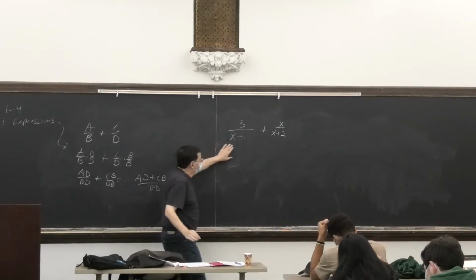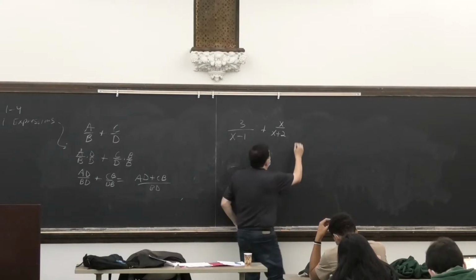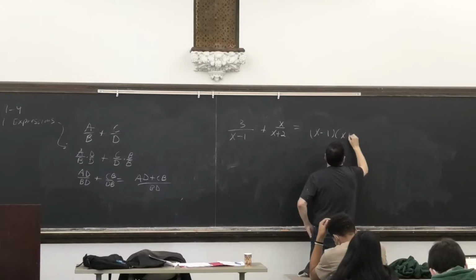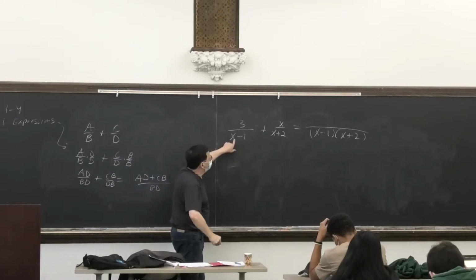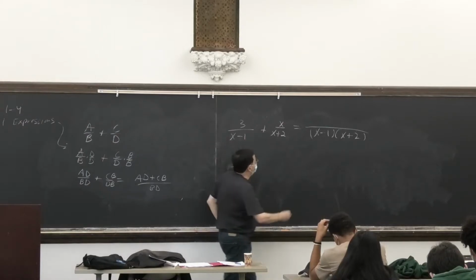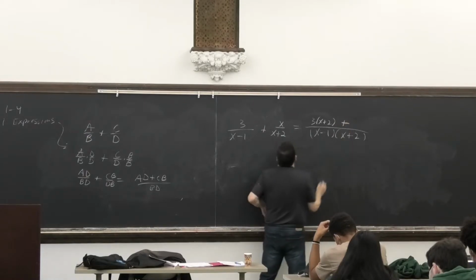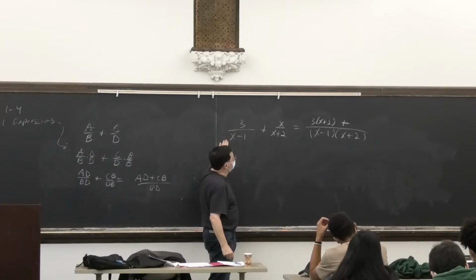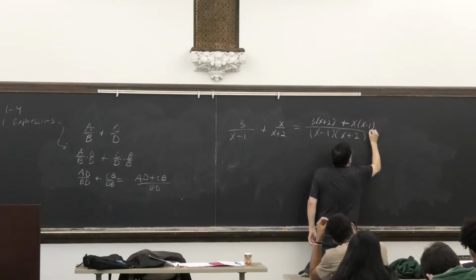Well, it's obvious there's no simpler common denominator than x minus 1 times x plus 2. So we're going to have to multiply this by x plus 2 over x plus 2. So that's going to be 3 times x plus 2. And here, we're going to have to multiply this by x minus 1 over x minus 1. So that'll be x times x minus 1.